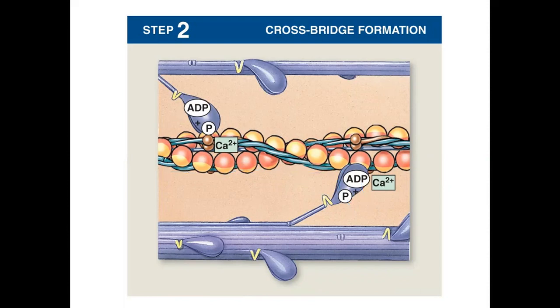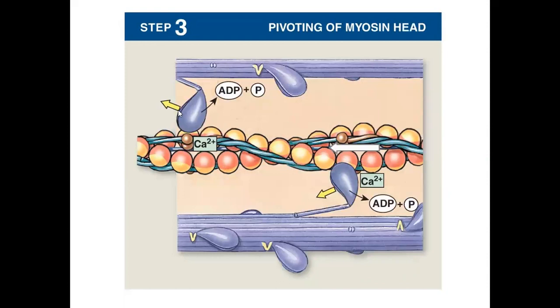So at this point, we are at this situation. They have dropped ADP plus inorganic phosphates. They are still folded. They have caused the actin to move. But now we have empty pockets on the myosin heads.